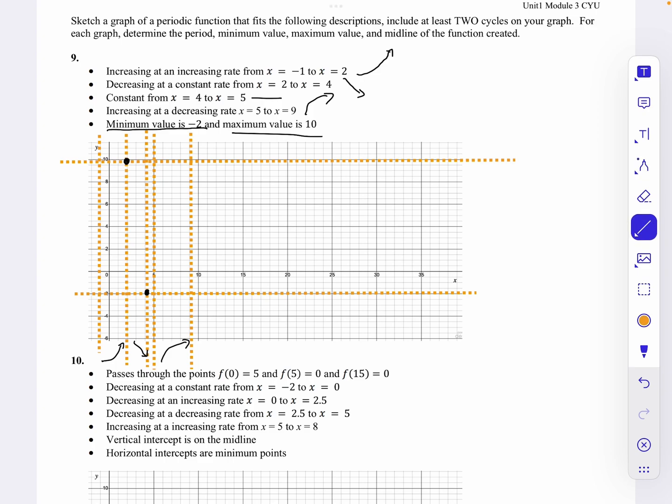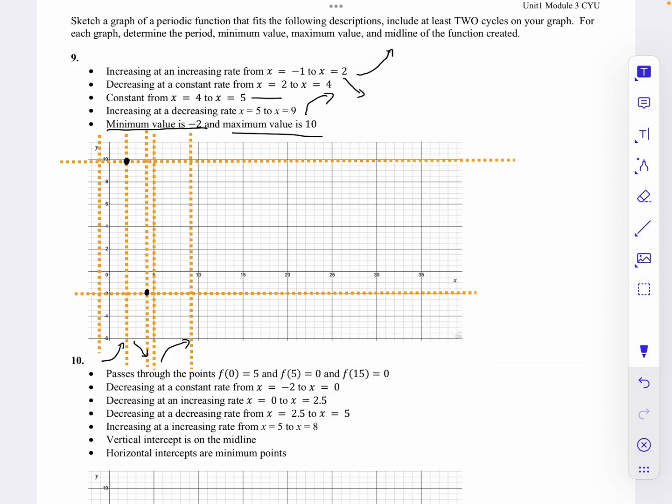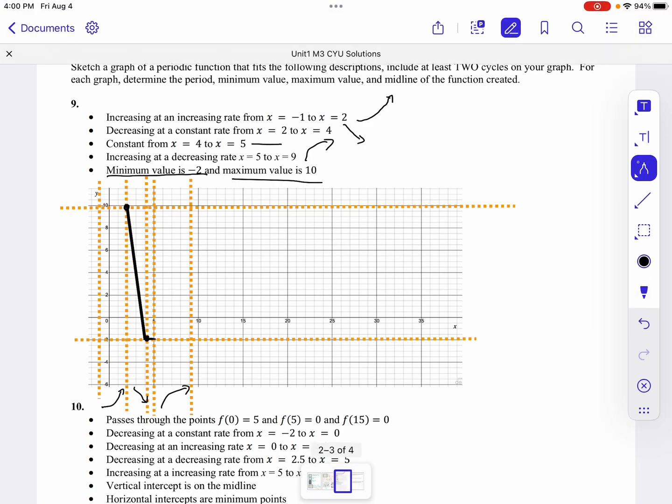So I'm going to get the line tool there. Ta-da, that has to happen. I have to hit my minimum value and I have to hit my maximum value. Now, between 4 and 5, we're constant. And then the next two pieces, I'm increasing at an increasing rate and I'm increasing at a decreasing rate.